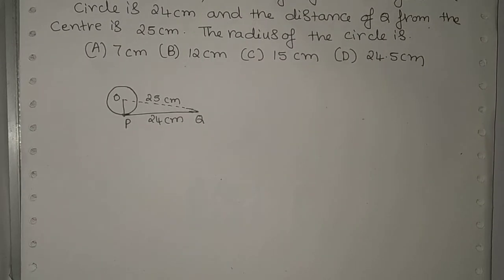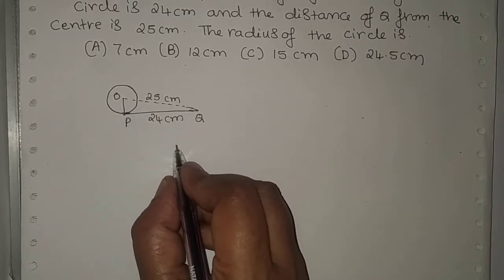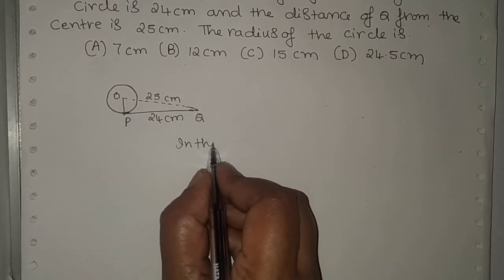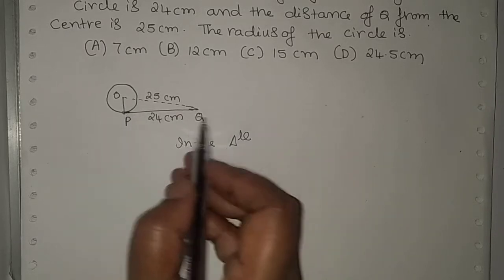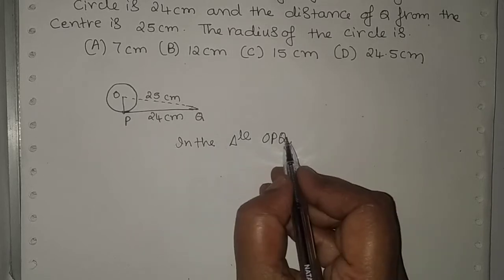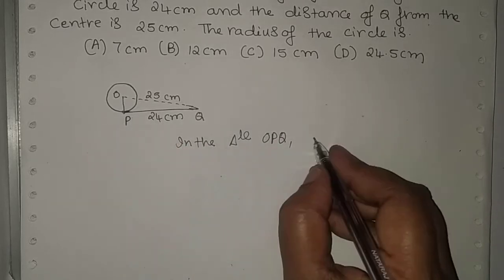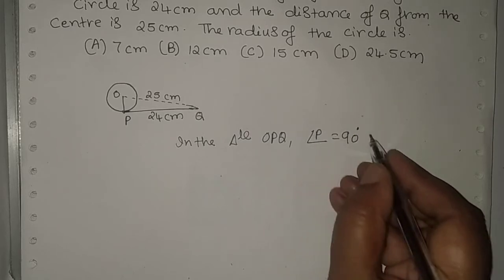The first step is we'll consider the triangle OPQ. What is the angle P here? Angle P is equal to 90 degrees.